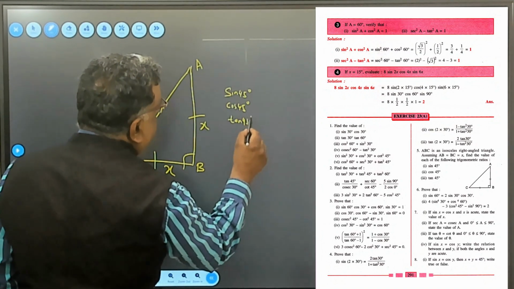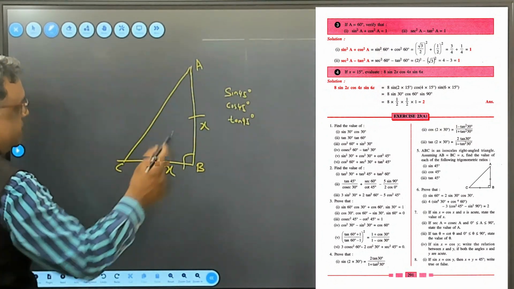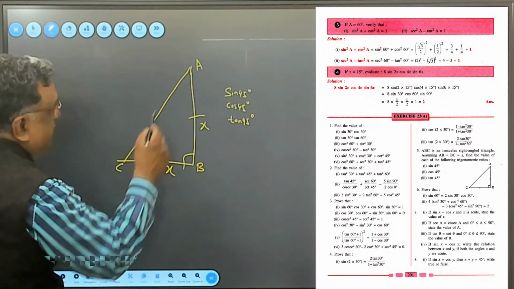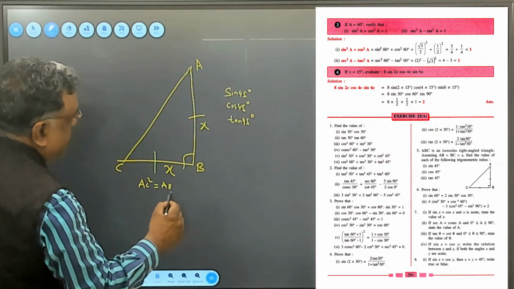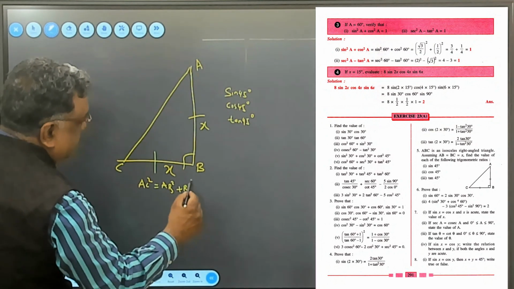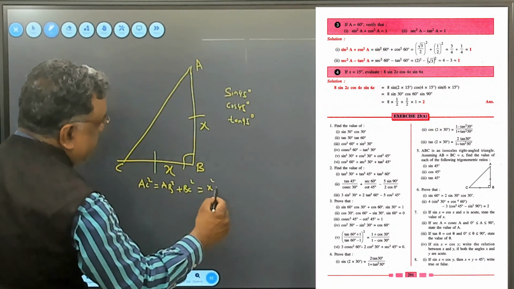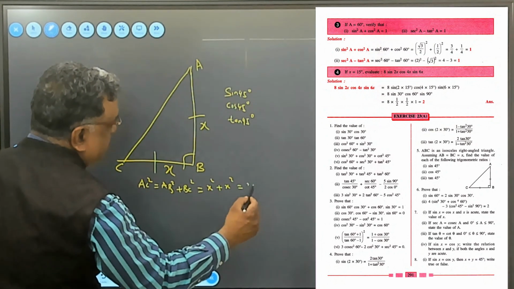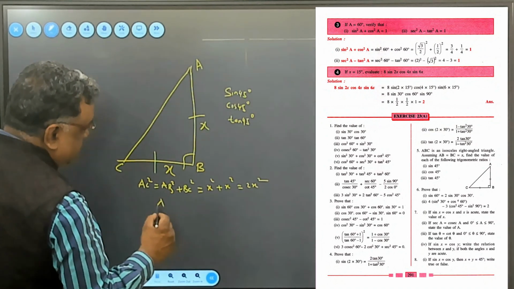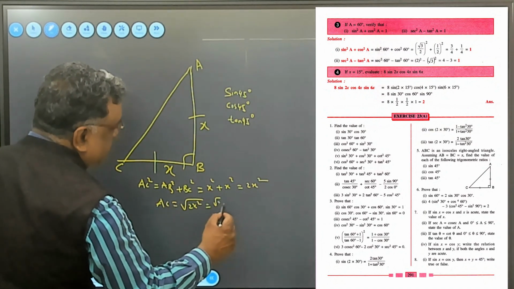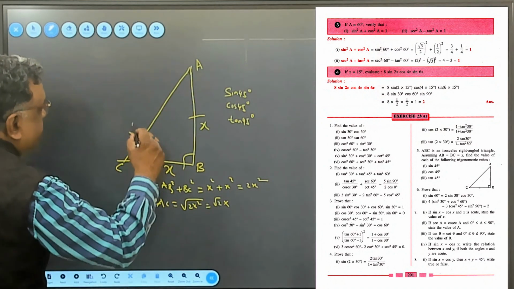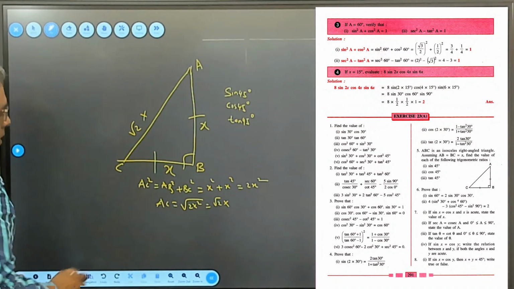Okay. Now since this is a right angle triangle, AC square will be AB square plus BC square, which is nothing but X square plus X square, which is 2X square, which means your AC will become square root of 2X square, which is square root 2 X. Now this is 90.